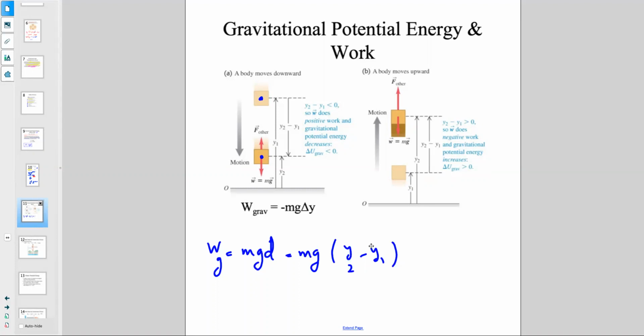So since y2 is smaller compared to ground, this is y2, this is y1, all right? So y2 minus y1 is a negative number, all right? So I can say that I have mg delta y, just having the change of the y or h, but I will keep this negative right there. All right.